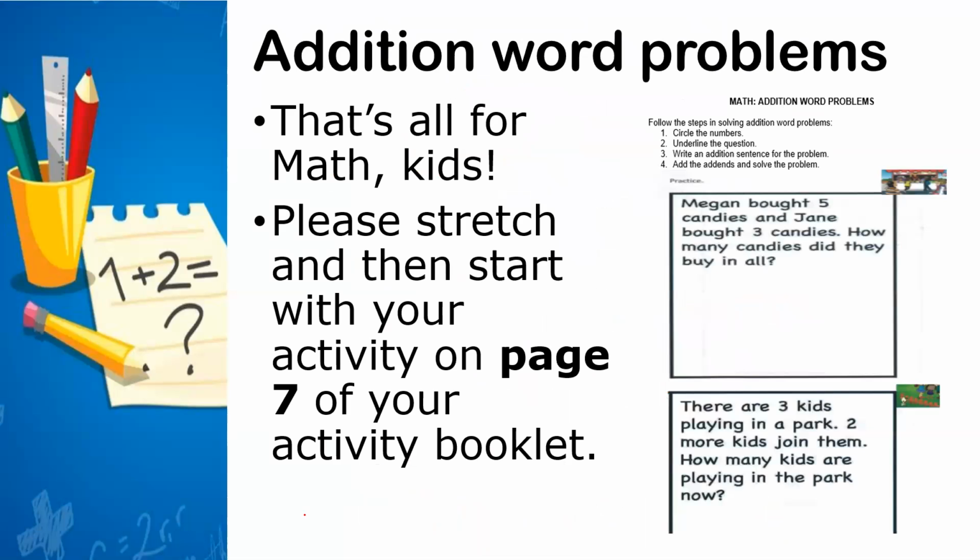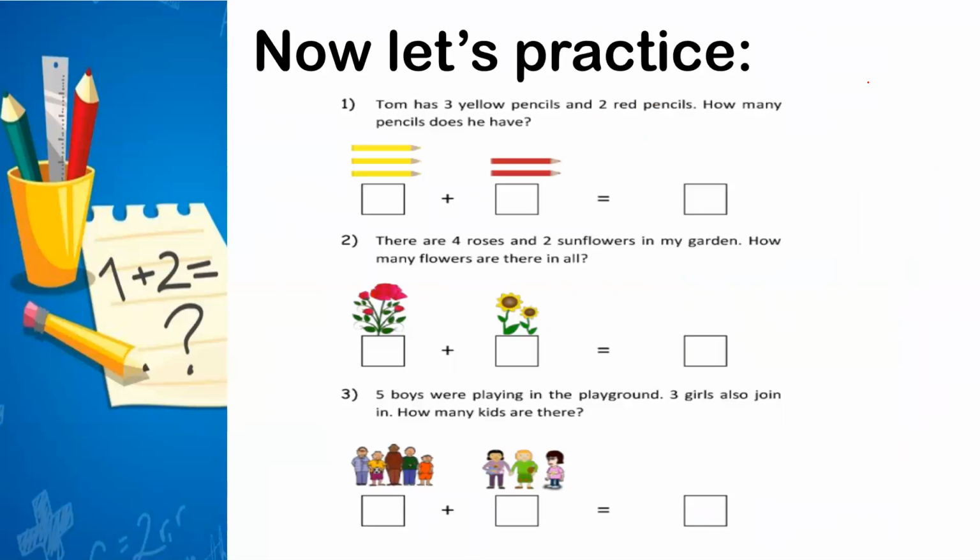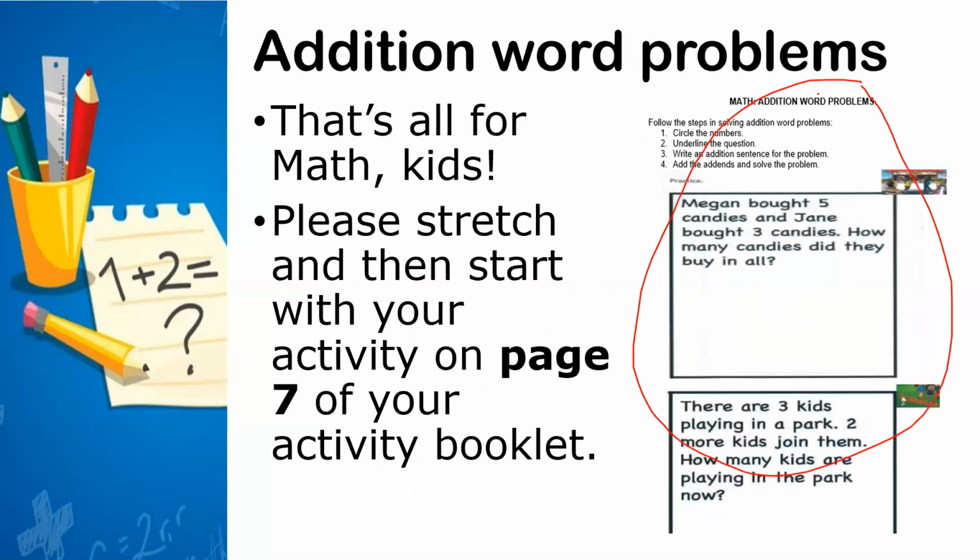So for these activities, as I've told you last week, you don't have to upload them to the class dojo because I'm going to check them when you get back. Okay, all right, but for this one, please do this on your math notebooks, and then take a picture and send it to your class dojo. Okay? All right, so that's all for math.